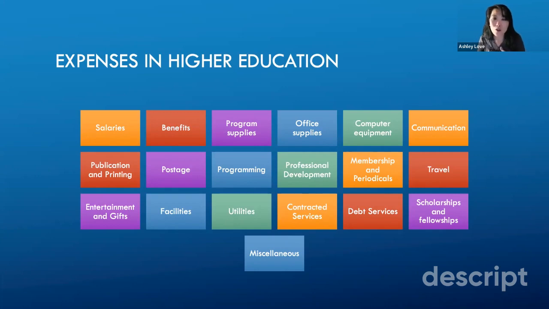Benefits. So when you give salaries, you also have to give benefits, especially for full-time workers. Program supplies. Depending on what program it is and what school, the program supply is going to differ. Office supplies. Because of COVID, we are not in offices, so people are pretty happy about not using them.